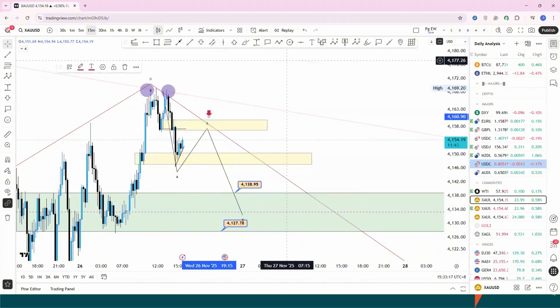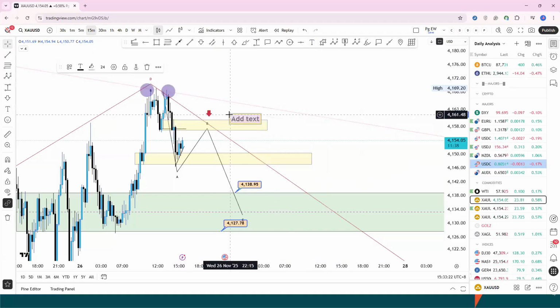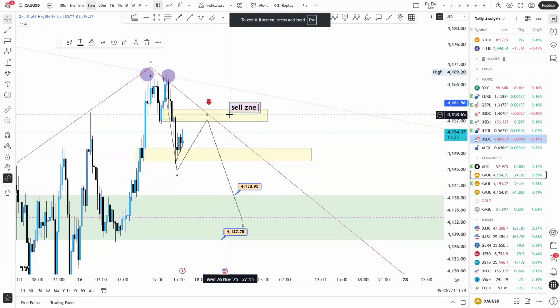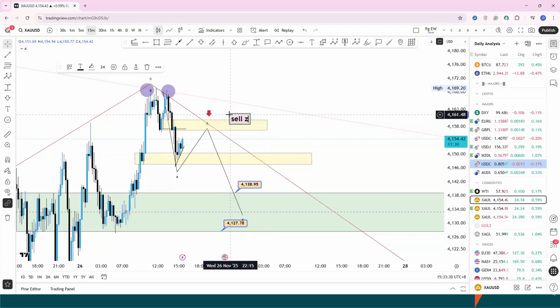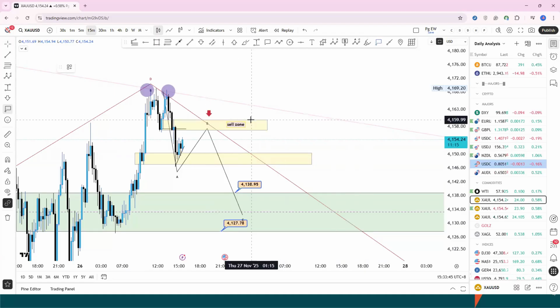This is the zone, the sell zone right here. Okay, I will just put: sell zone at your own risk. Okay. Somewhere around this. This one.